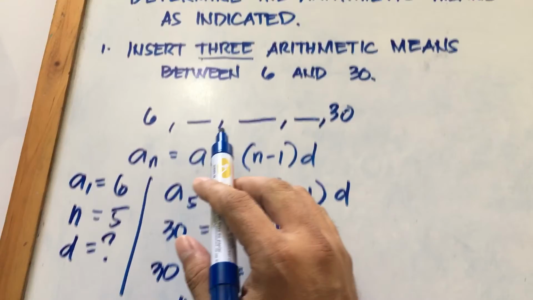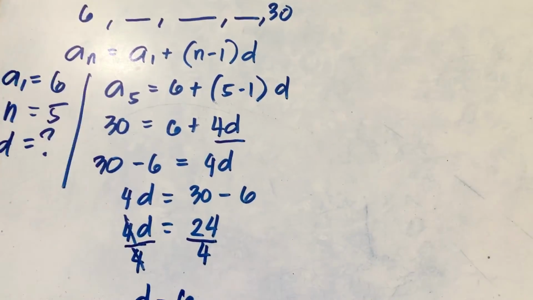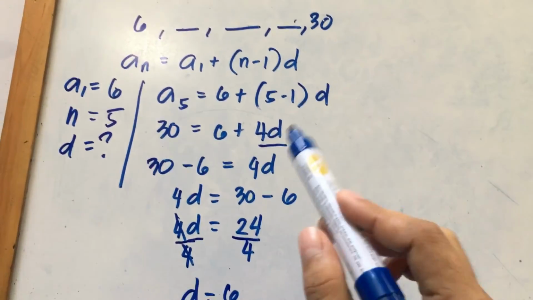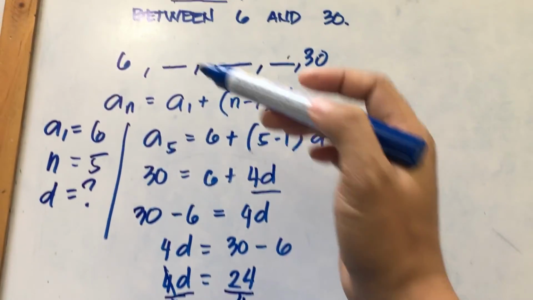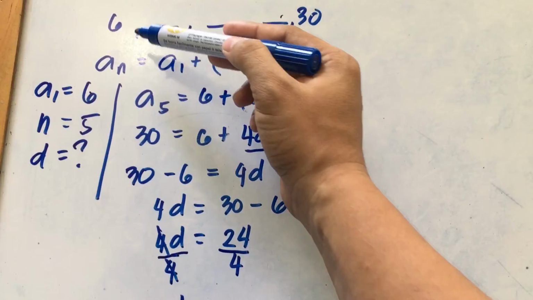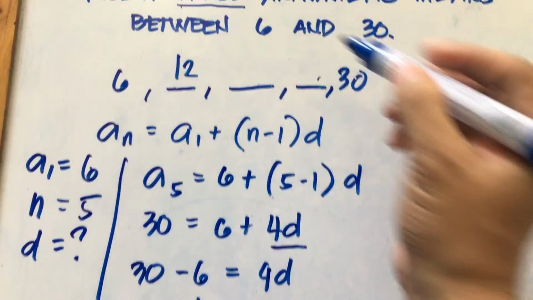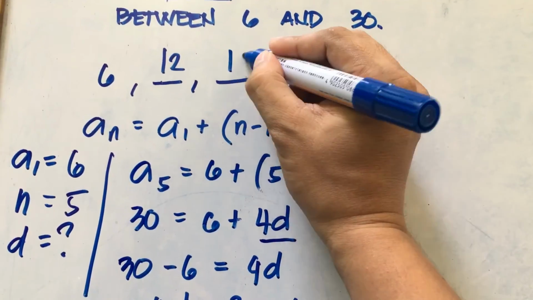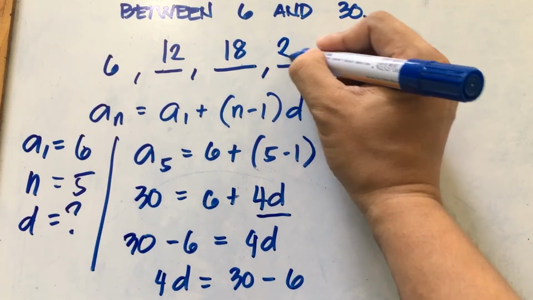Now, that is not yet the final answer because that is only your common difference. Since we are asked to find these three terms, and we know that the common difference is the constant number that needs to be added to arrive at the next term, we simply do: 6 plus 6, you get 12. 12 plus 6, you get 18. 18 plus 6, you get 24.